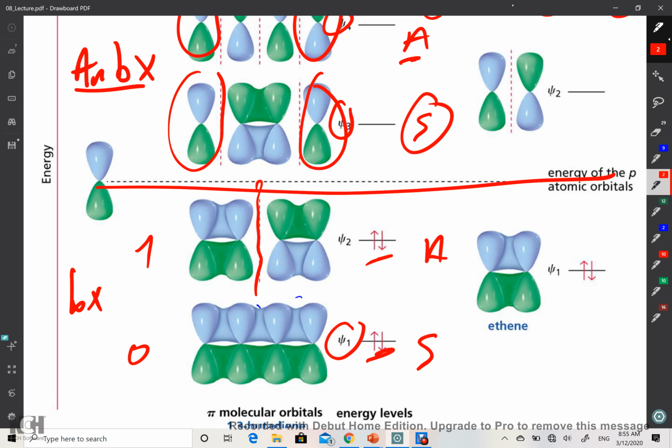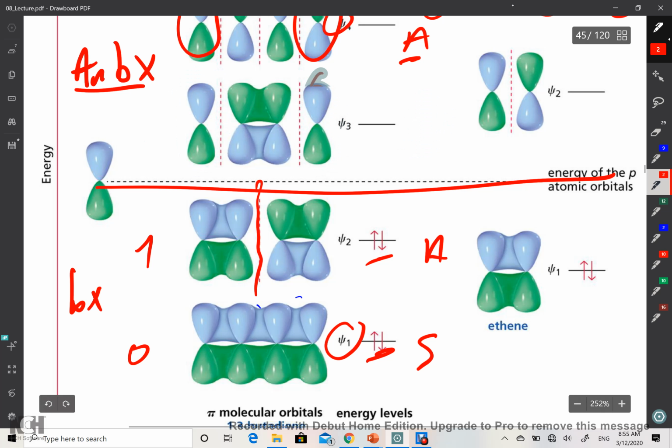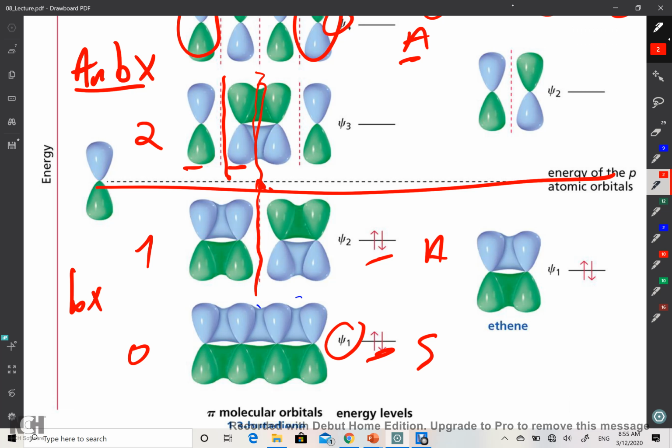Now, the third orbital will be an orbital with two nodes. That will be my first node, and you notice that there's a change in symmetry there. Then, I cannot draw the second node here because if I draw a second node here, I will have to switch the symmetry. Wherever a node goes, there's a switch in symmetry. If you don't have a node, then there will be no switch in symmetry.